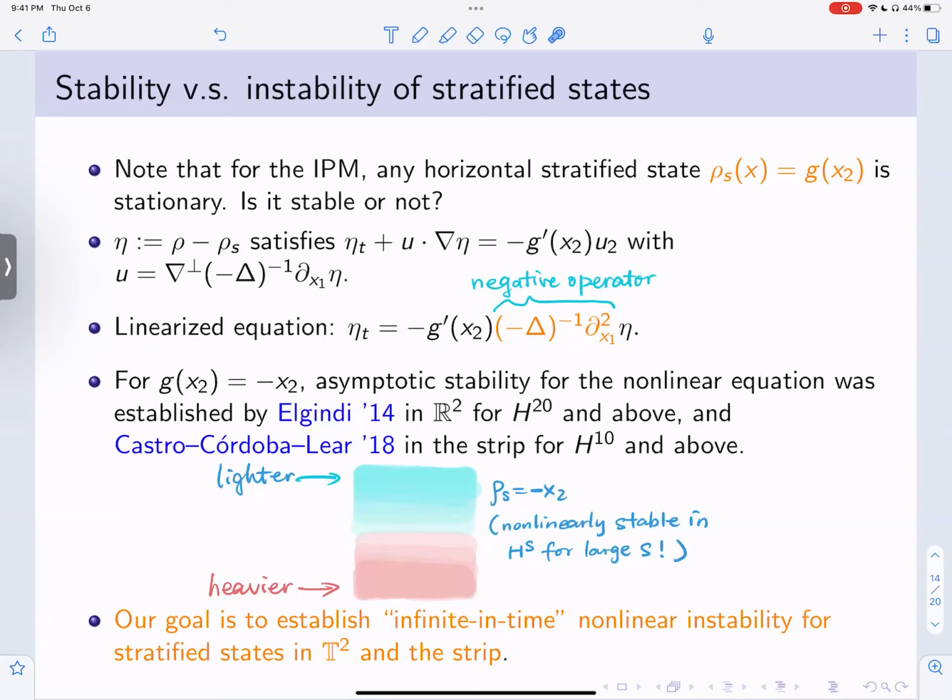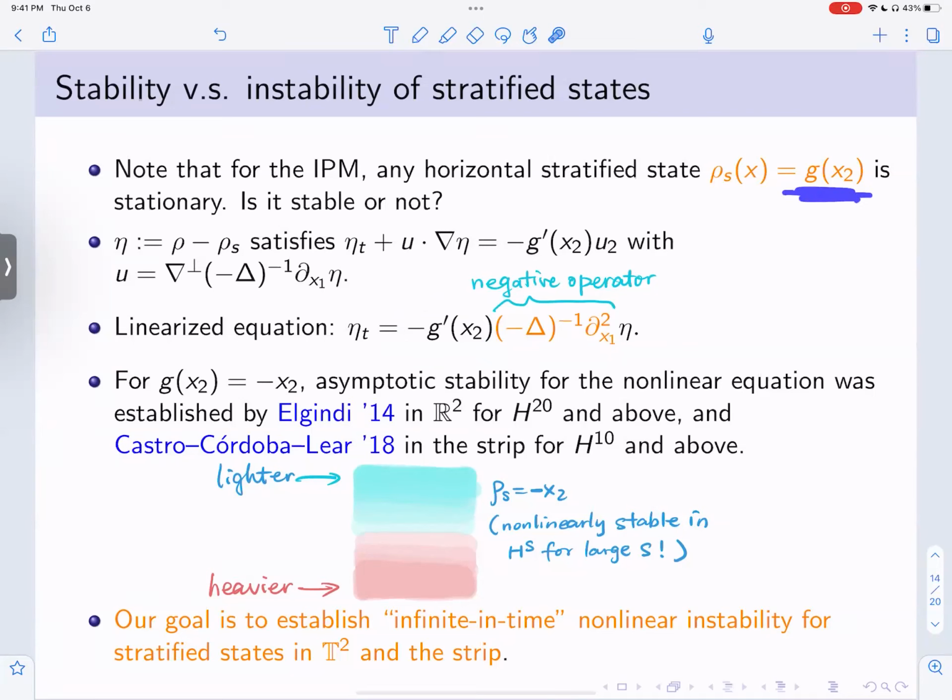So if we follow that approach, then we would have that the difference between the perturbation of rho and this rho s will be satisfying this equation right there. So after linearizing it, we get that the perturbation eta satisfies this linear equation, where this operator itself is negative, which means that the stability intuitively would depend on the sign of negative G prime, right?